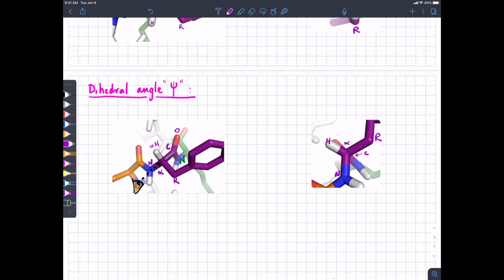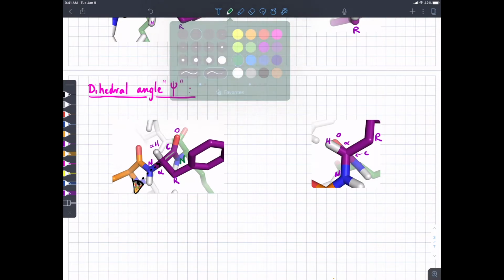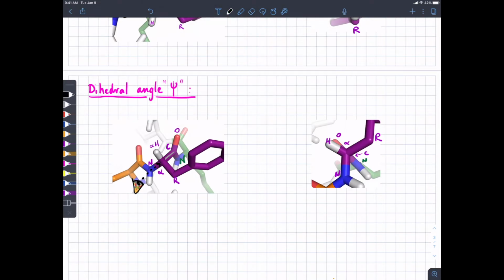And then in the back, you've got the oxygen and then the nitrogen of the next amino acid. And the dihedral angle that we're going to care about here is the angle between those two nitrogens, and that is what we're calling psi. And in this alpha helix, psi tends to be also negative and about 47 degrees. Okay.